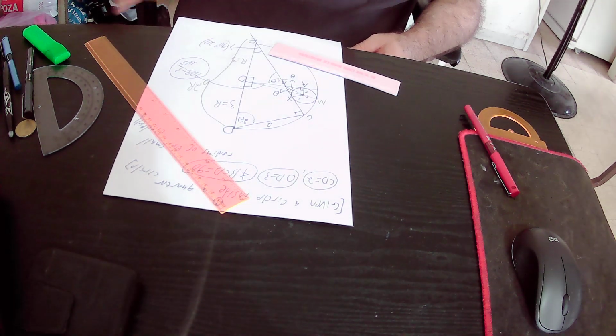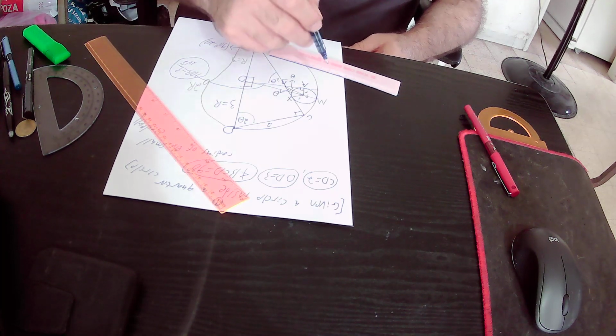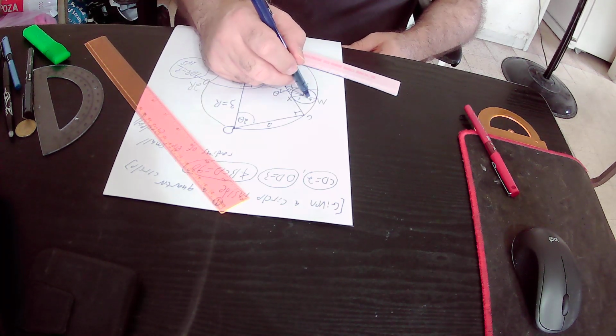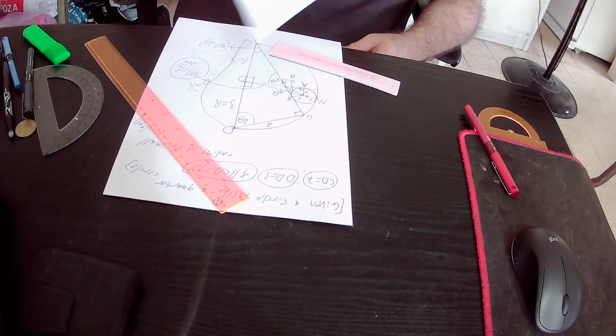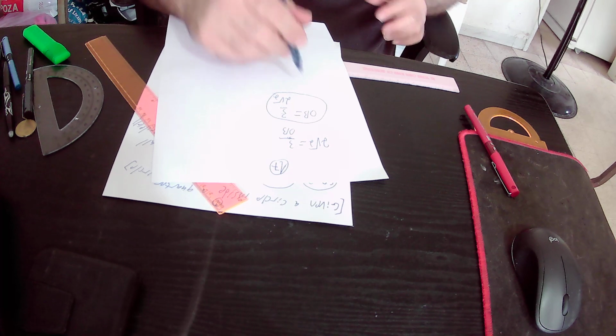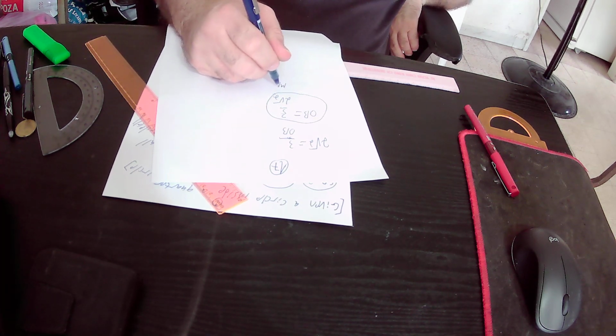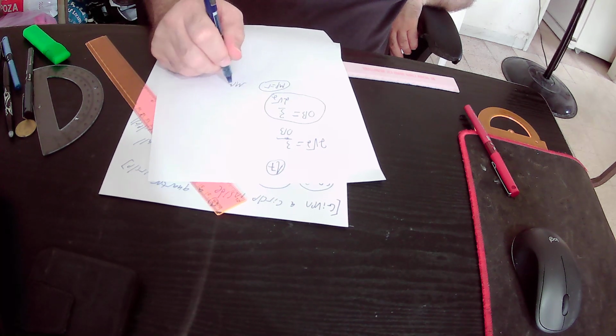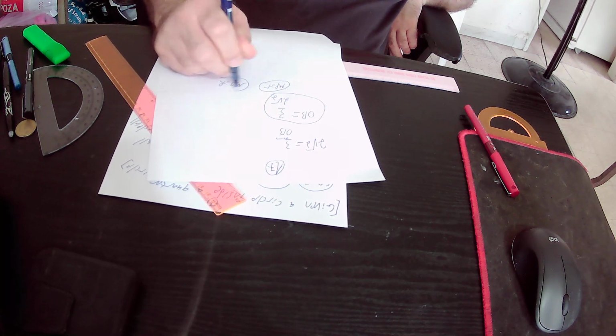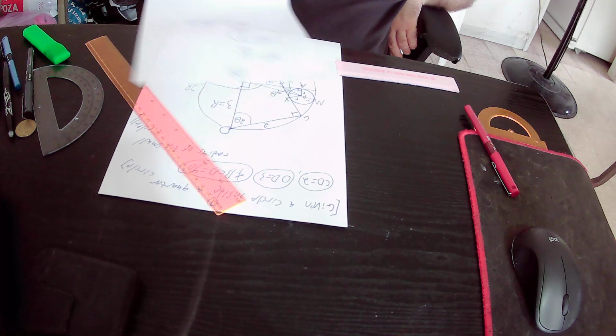So MP is the radius of the small circle, MP equals small r, and MO equals capital R, because MO is the radius of the semicircle.